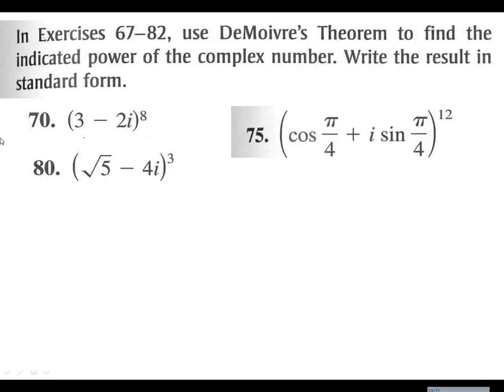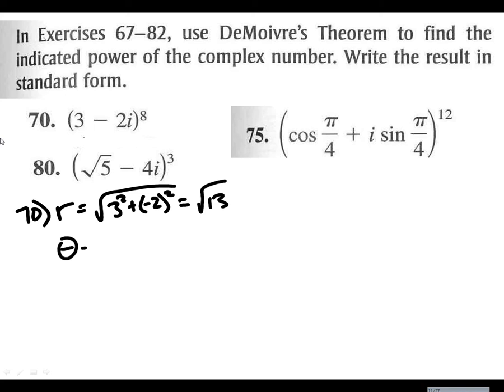All right, moving along to 70. For 70, we're going to use de Moivre's theorem, that's French there, and do the 8th power of 3 minus 2i. We need to turn it into trig form first. We're going to find our r for 70: the square root of 3 squared plus -2 squared, which is 9 plus 4, which is root 13.